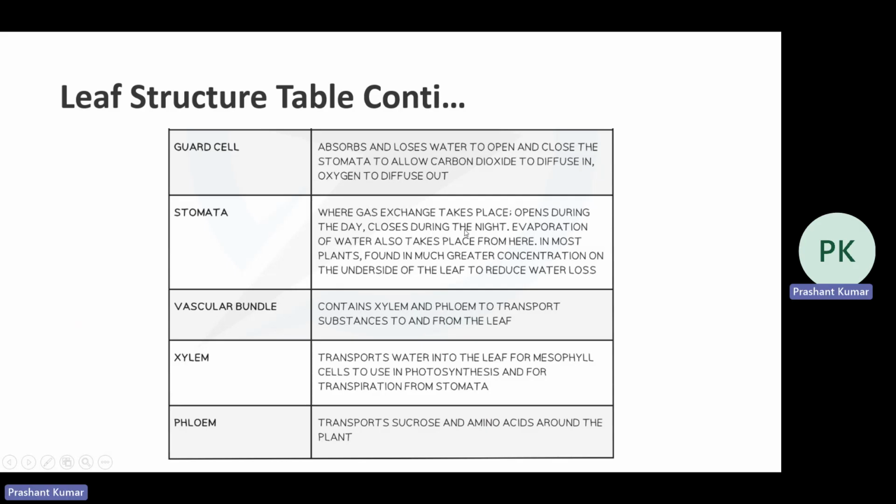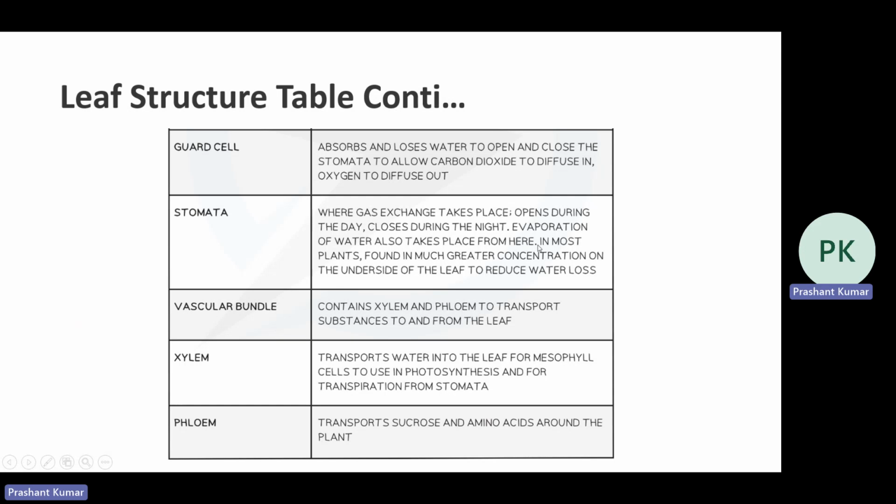So during the daytime, stomata will open. During nighttime, they get closed. There is no photosynthesis during nighttime, so that's why they will be closed. Also, it provides a way for evaporation of water during the daytime.